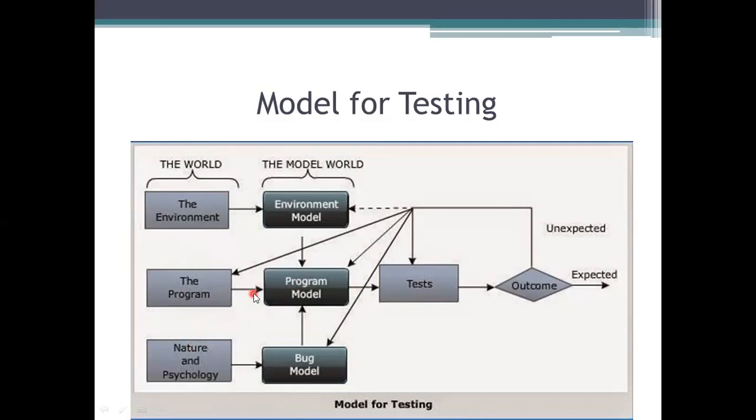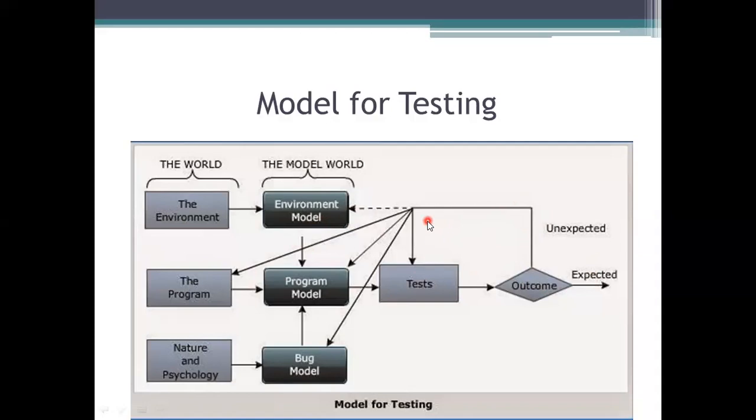The next one, apart from these two: dealing with this processing can lead to bugs here. Dealing with bugs means all the bugs won't be the same. The nature and psychology of the bug will decide what the bug is and what its behavior is. If we go for how the test fails, we will talk about test failure only.